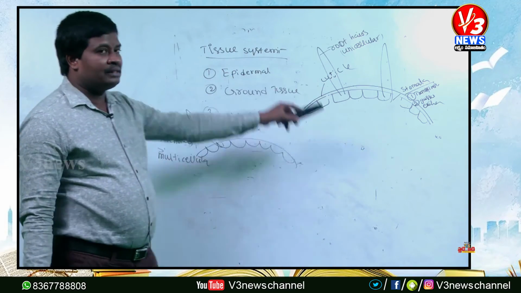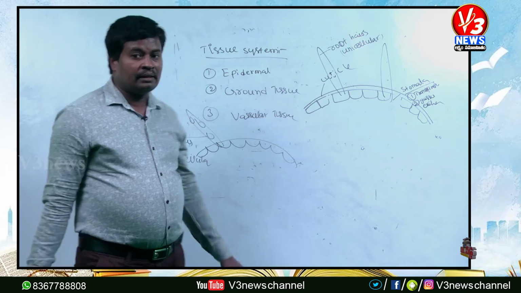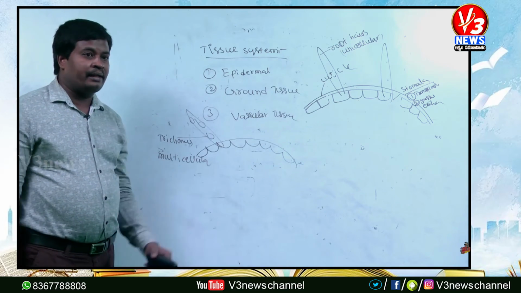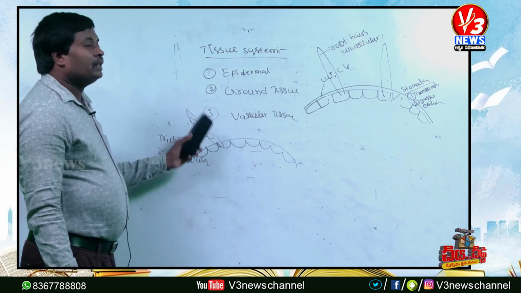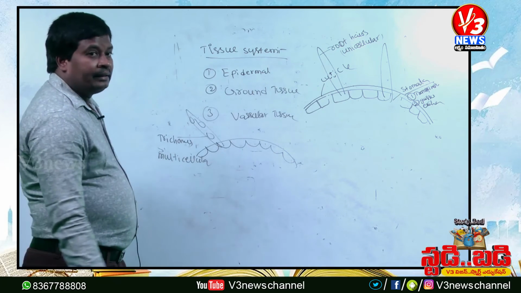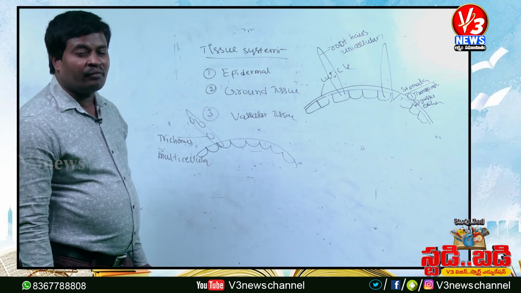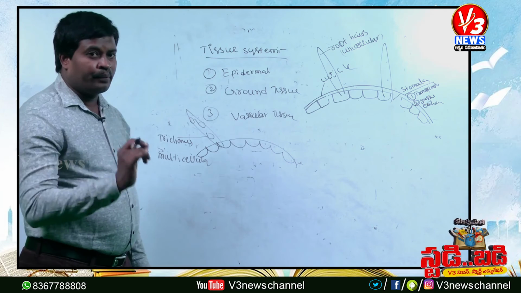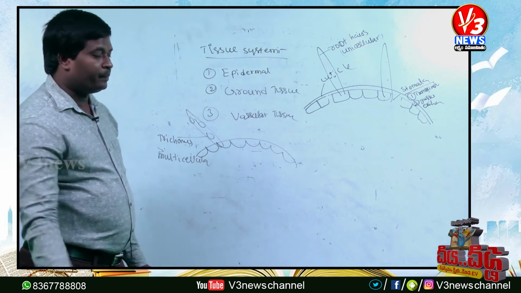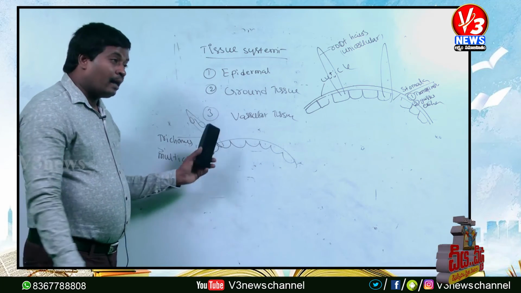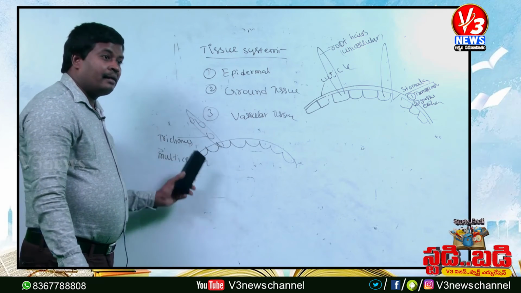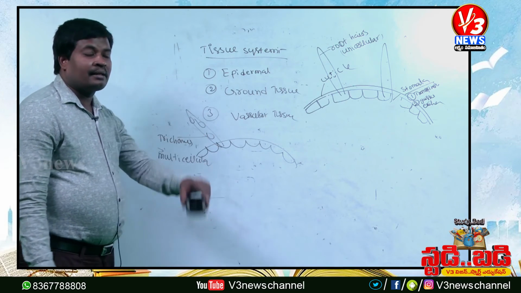Root hairs are unicellular and absorb water and minerals. The stem produces hairs called trichomes. What is the function of trichomes? Like the thick cuticle, they prevent the loss of water. Very, very important. Stem epidermal cells produce hairs called trichomes. They are multicellular and they prevent the loss of water.